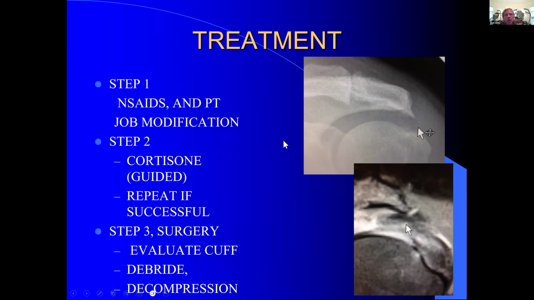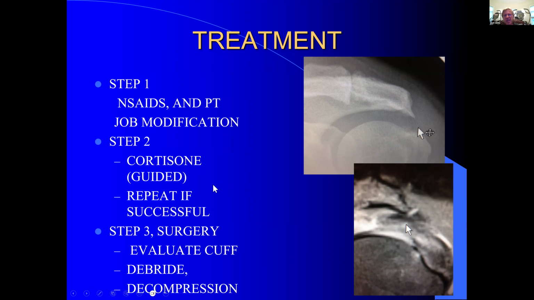And so the treatment. Step 1, anti-inflammatories and physical therapy to improve posture, and job modification. Basically, try to keep them from doing repetitive overhead activity until it calms down. More often than not, this or maybe a cortisone shot will result, especially early on in this process, in resolution, return to full duty, and not really having symptoms return right away.